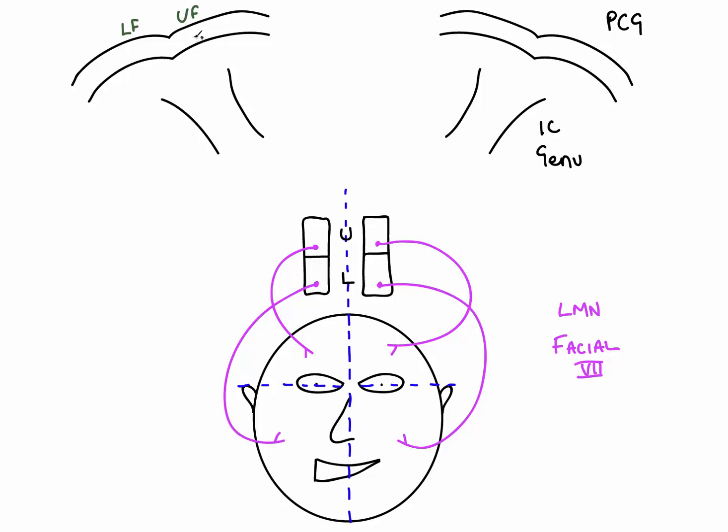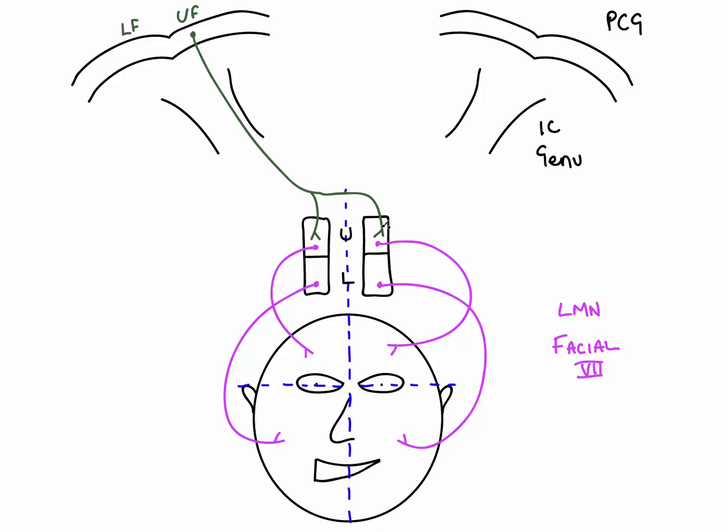So these corticobulbar fibers, or these upper motor neurons, leaving from the upper face are going to go to the upper portion of the facial nucleus, and they go to both the ipsilateral here and they also go to the contralateral. So they serve the nuclei bilaterally.